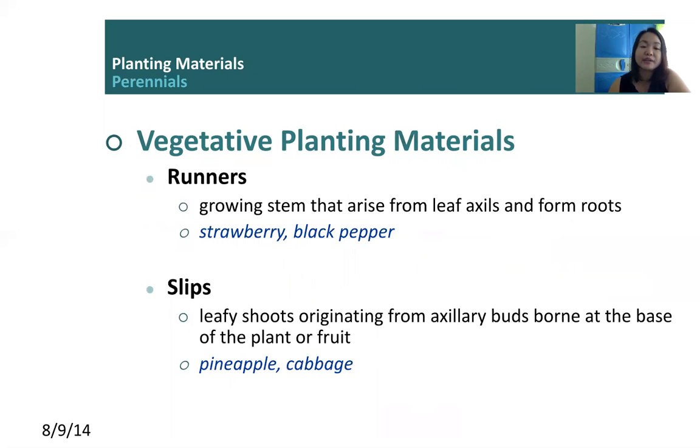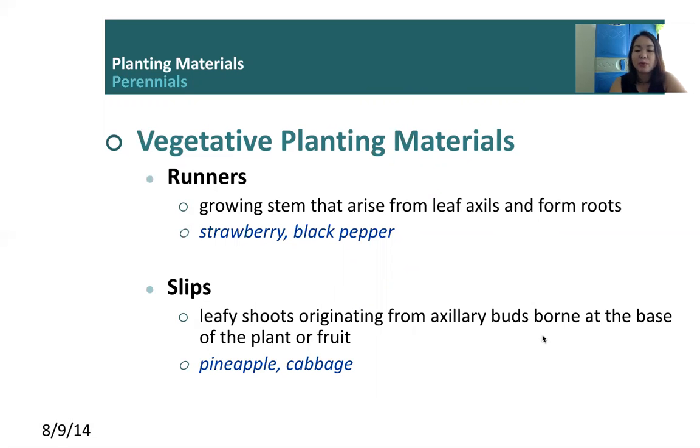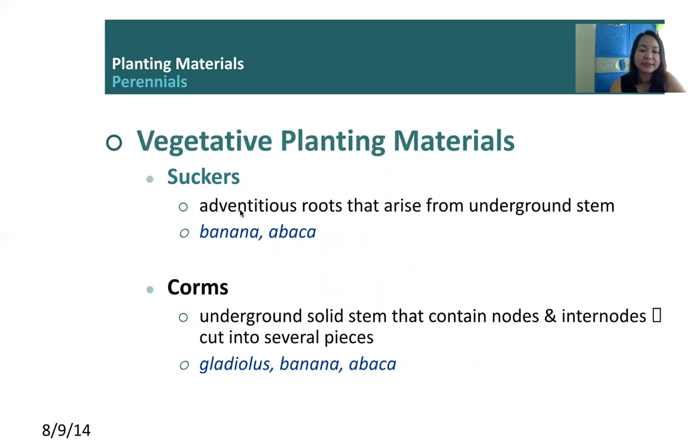We also have runners, growing stems that arise from leaf axils and form roots, for strawberry and black pepper. Slips for pineapple and cabbage are leafy shoots originating from axillary buds at the base of the plant or fruit. We also have suckers for banana and abaca. These are adventitious shoots that arise from the underground stem.